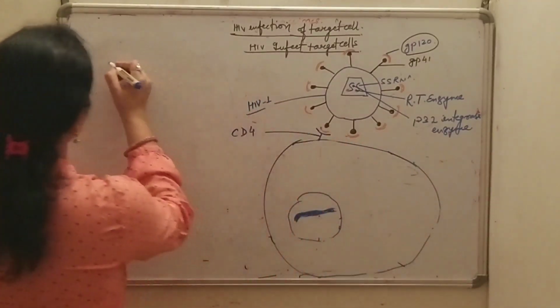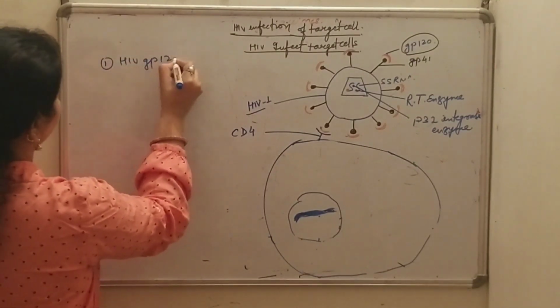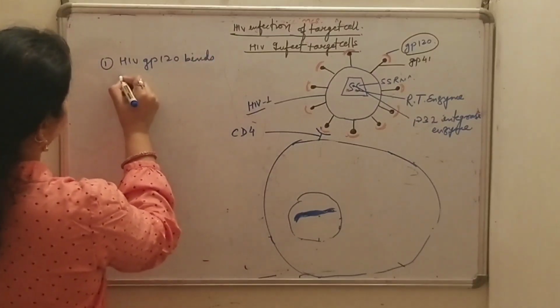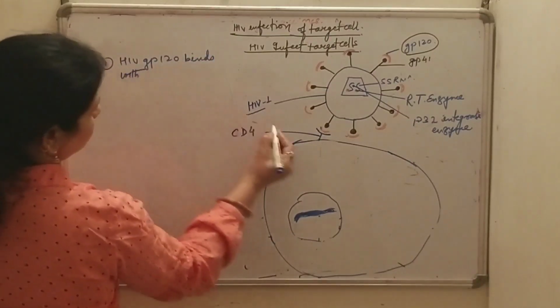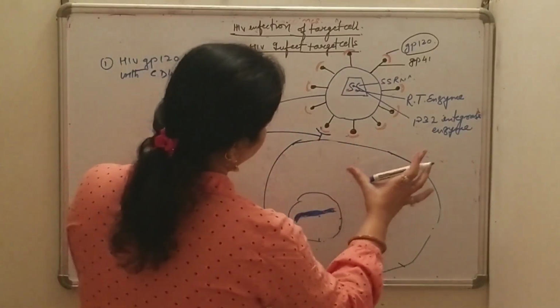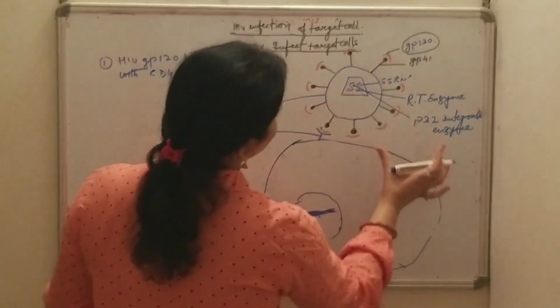So the first step is HIV GP120 binds with CD4 present on the host cell surface, and then fusion takes place.